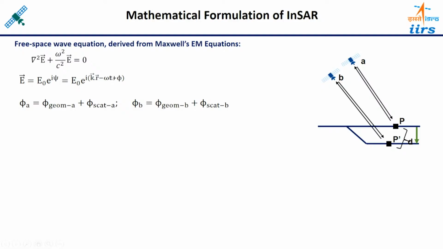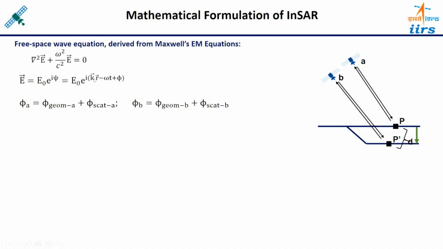What we will do now, we will write the phase of both the signals. Suppose in one interferogram two signals are there, so we will write the phase of both the signals, then we will subtract them and see what we can get from the subtraction of these two signals. Suppose this analysis we are doing at a particular time, let us say time is 0, so omega t will be 0, so only these two terms will be there, k dot r plus phi.